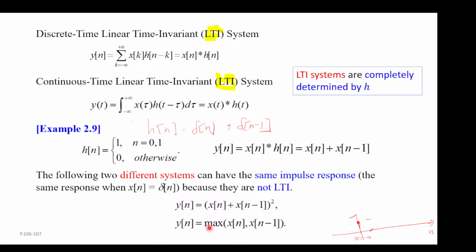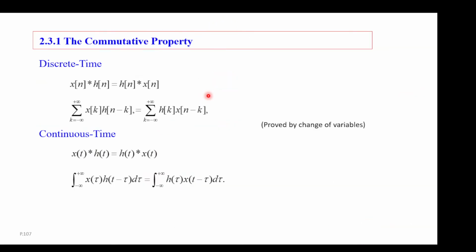You cannot just use convolution to calculate their response, so you need to go back and do some dirty work. That's a small point to remember. For a lot of the class we were dealing with LTI systems, and some non-LTI systems, but most of them are LTI. Back to the properties of convolution and impulse response.